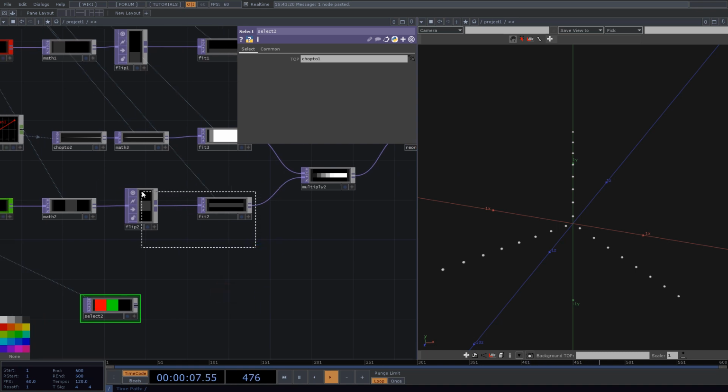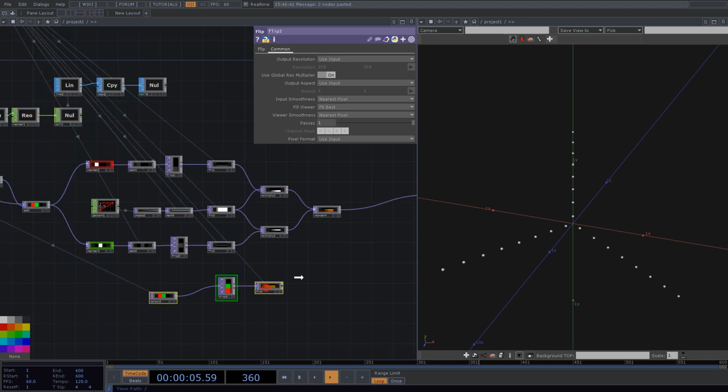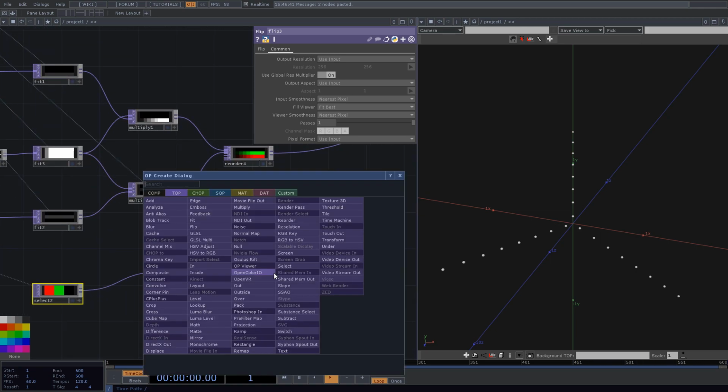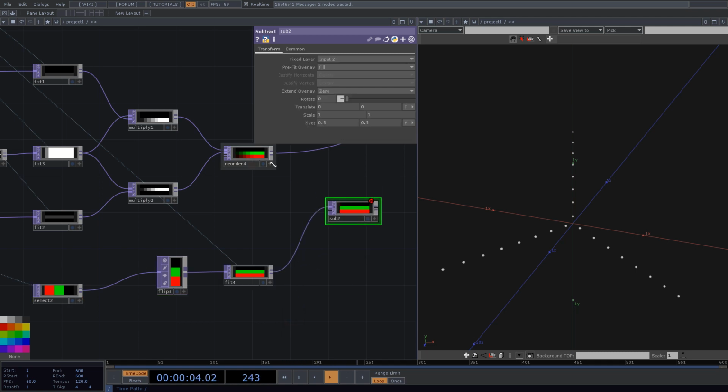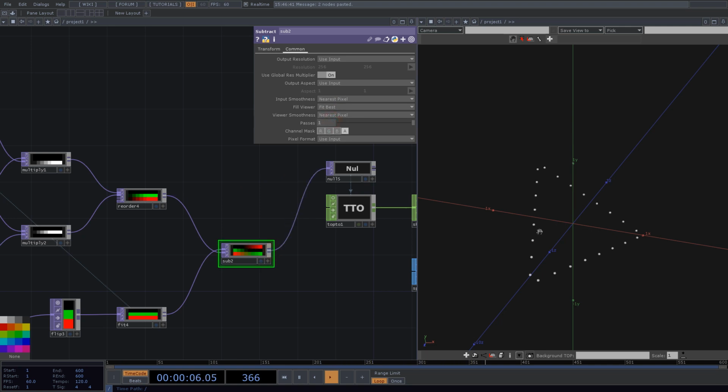So I use this fit here with the flip, and now I want to subtract this from the initial points. I don't use alpha. Let's have nearest pixels. Okay, now we're good.